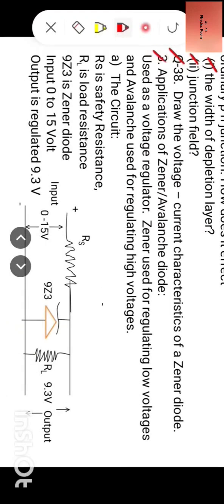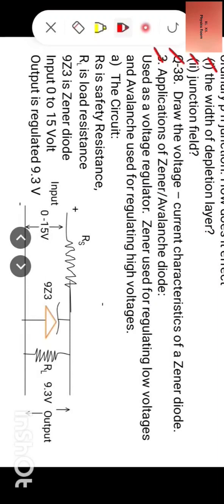Now third, applications of Zener/avalanche diode. In the first step, we have studied about Zener diode. In the second step, we have studied about avalanche diode. In the third step, we are to study about applications of Zener/avalanche diode.